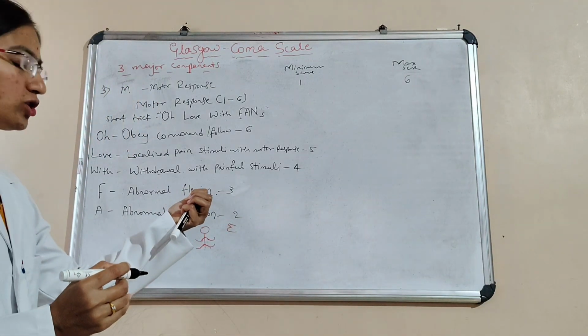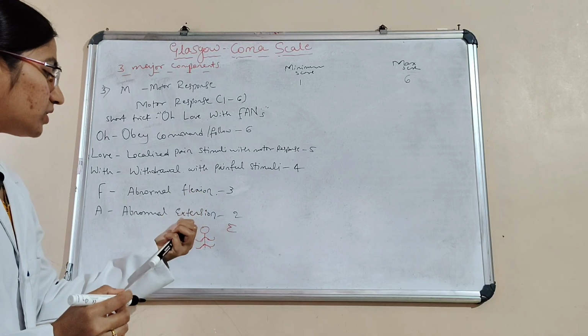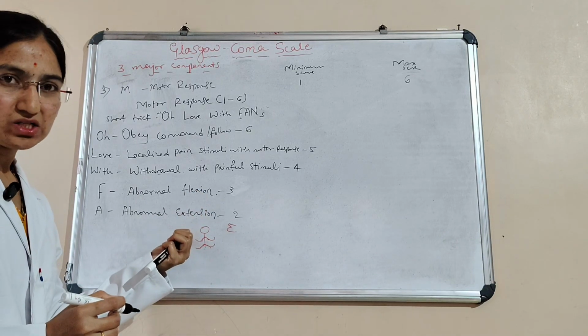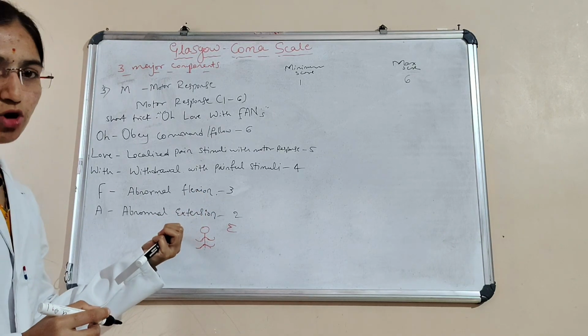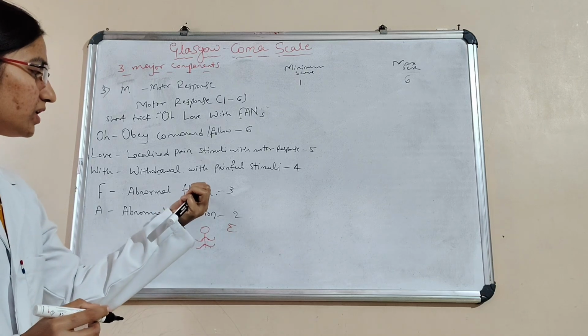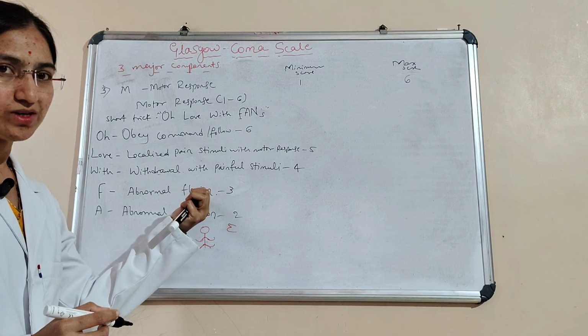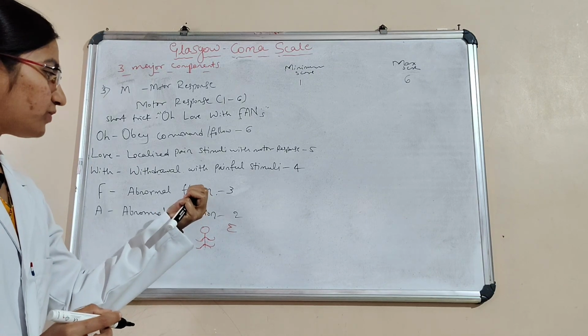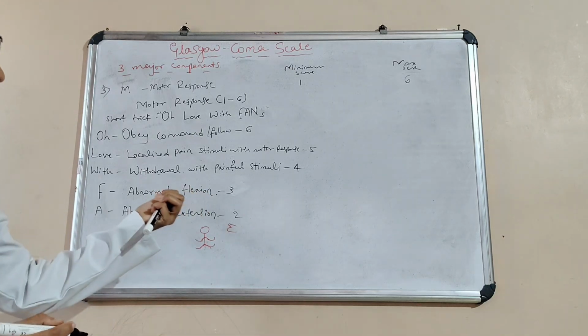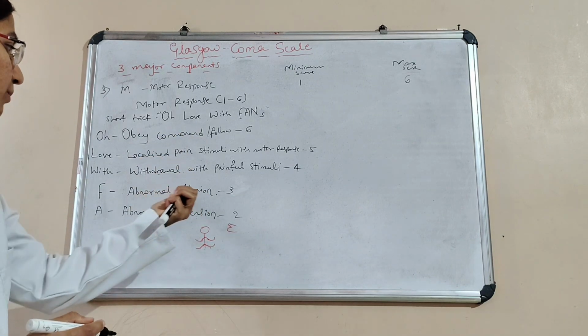And then here impaired functions of the brain stem. It's a postural problem. It's a brain cortex problem. Impaired functions of brain cortex. That's what that client shows, abnormal flexion.